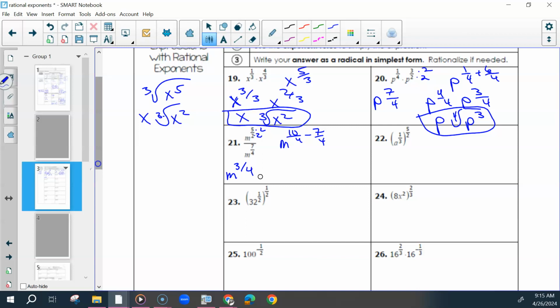This is going to be your root. So you read that as the 4th root of m cubed. Questions?